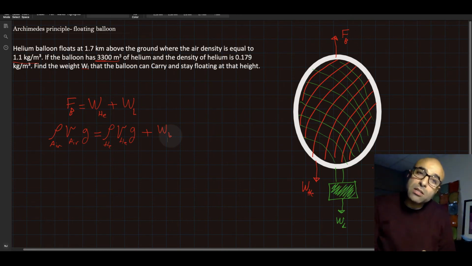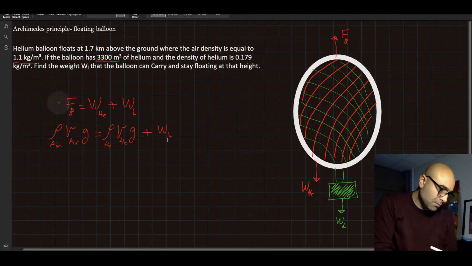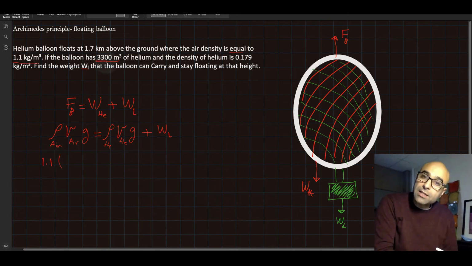Okay, so now let's plug in some numbers. The density of air at this height is 1.1 kilograms per meter cubed, times the volume of displaced air, which is the same as the volume of helium, 3,300 meters cubed, times gravity, 9.8.